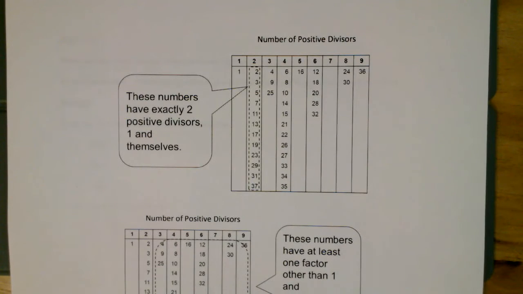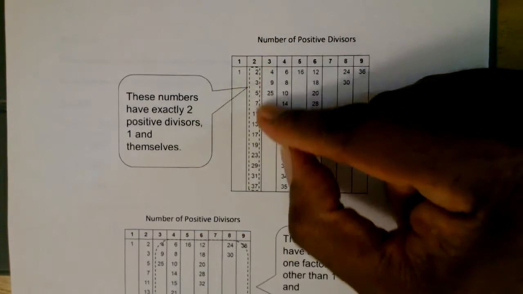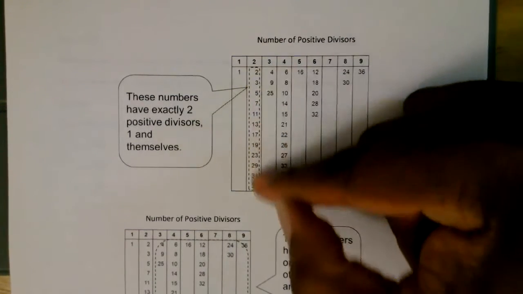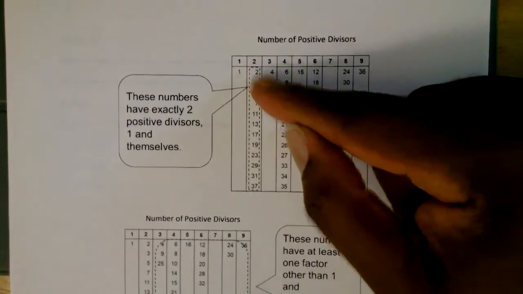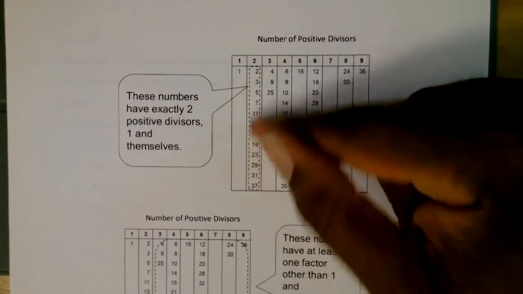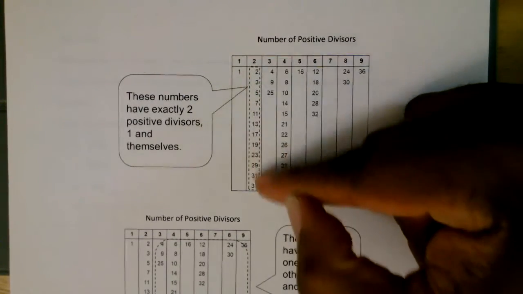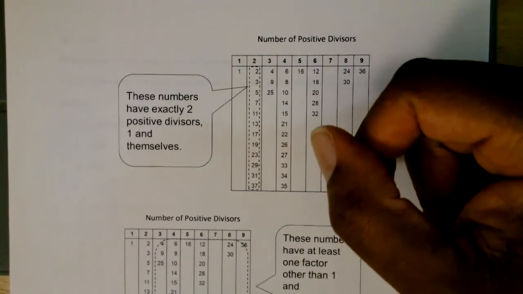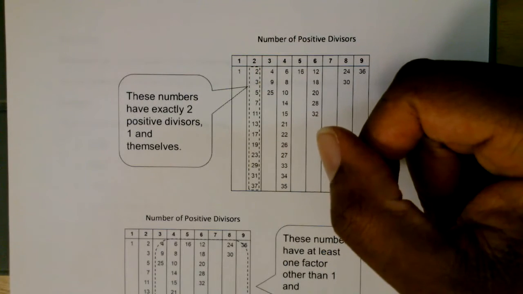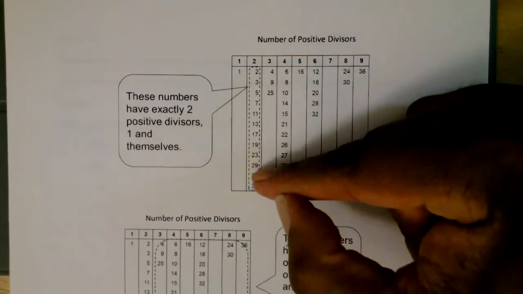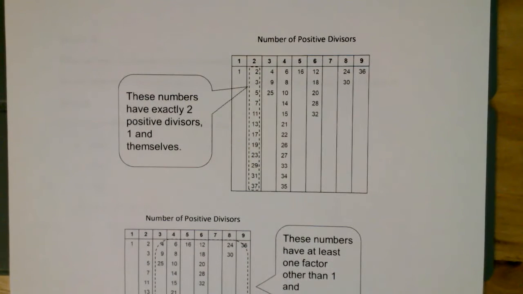Now on the next page, we're going to focus on this column where the 2 is. That's 2 positive divisors. That means the numbers you see in this column under 2 have exactly 2 positive divisors, 1 and the number themselves. That will have a special name, which we're going to talk about shortly.